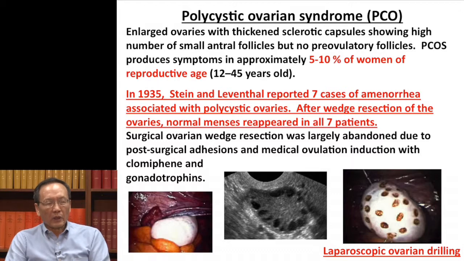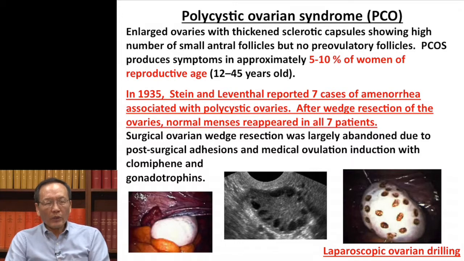Very interestingly, even as early as 1935, when Stanford first reported the case, they made a wedge resection, cutting out a small piece of the ovary, and then looked histologically at what happened.